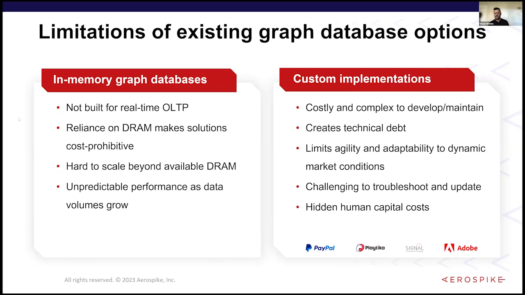There's a lot of hidden human capital costs there because you need a team of 3 to 10 really skilled developers to be able to build and maintain these systems. And naturally, it creates technical debt as any software does. But more importantly, it limits your agility and adaptability to dynamic market conditions.